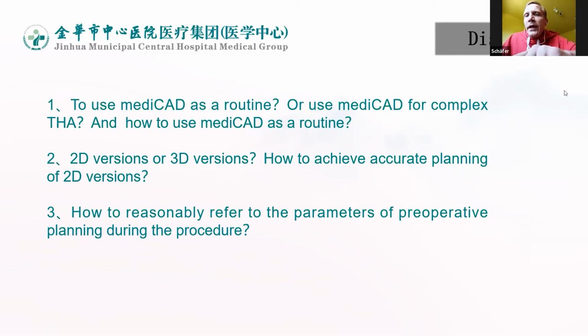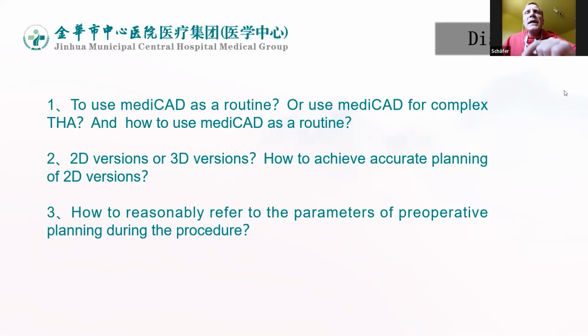The third question: how to reasonably refer to the parameters of perioperative planning during the procedure. We print in our hospital. You don't always have to have a PC in your operating theater.